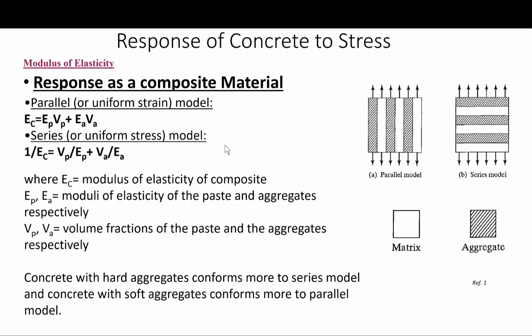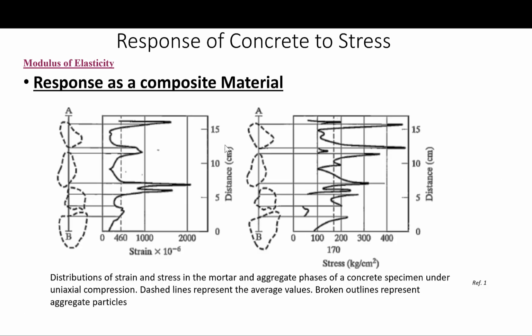Okay, so speaking of the localized stresses and strains, the figure shown here on this slide is based on studies using photoelastic coatings on the surface of concrete specimens in compression.